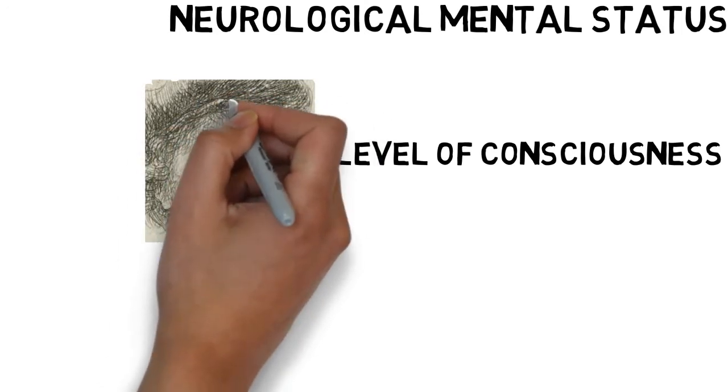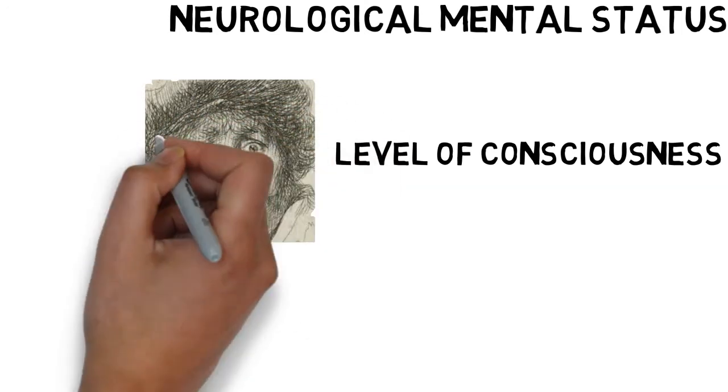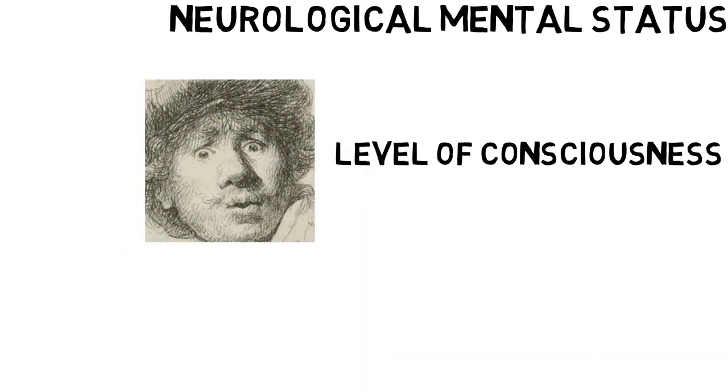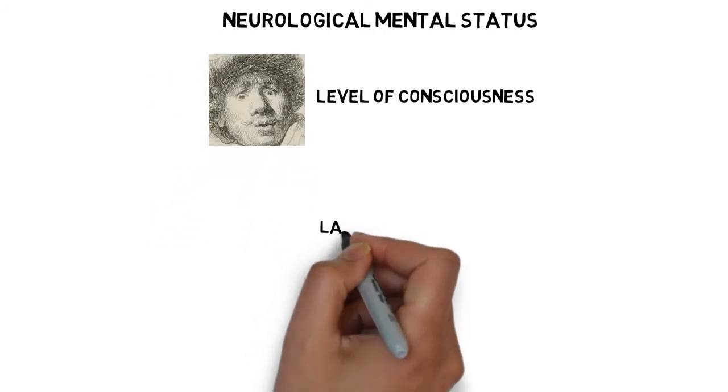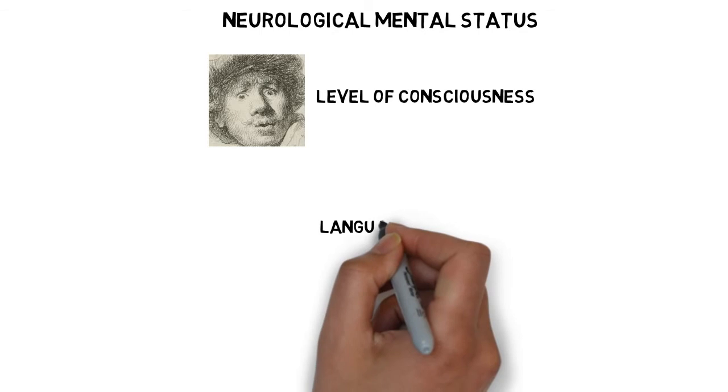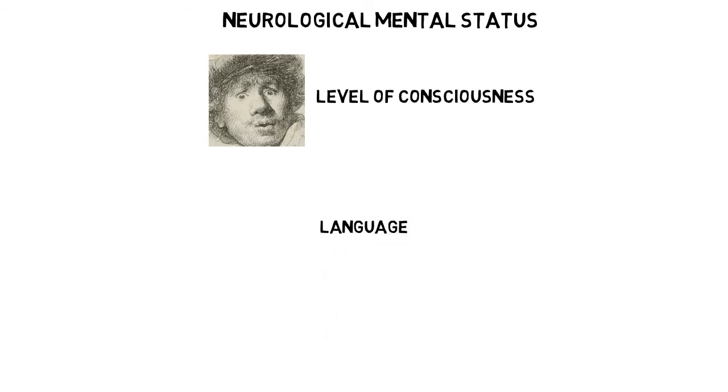So then we go to language, okay? And any language can be used. If there is language, that's a good sign. Then you can go into the third aspect, which is memory. So remember, you can only test someone if they have language.